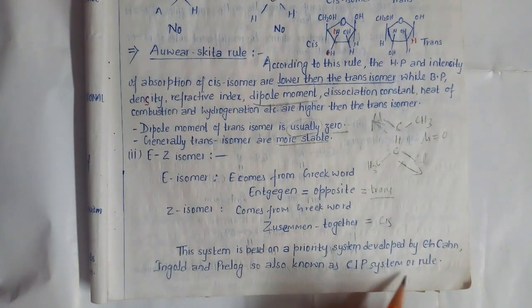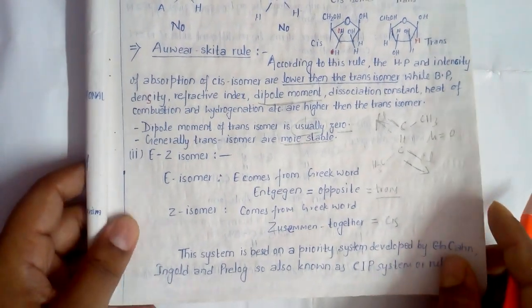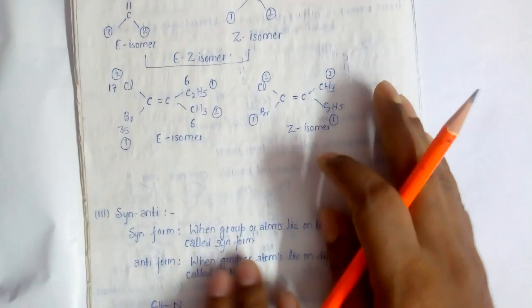Now come to some examples of EZ isomers according to the CIP rule.